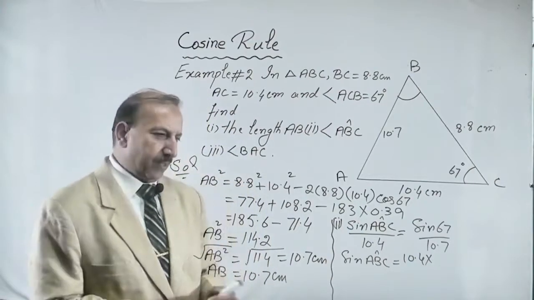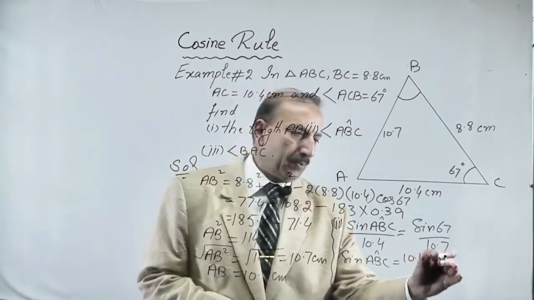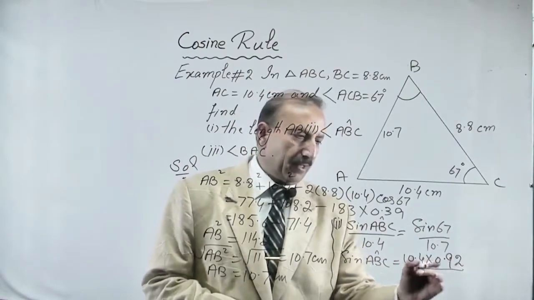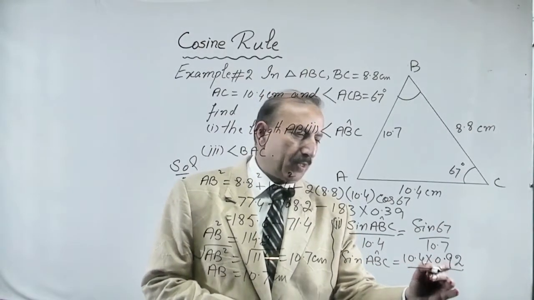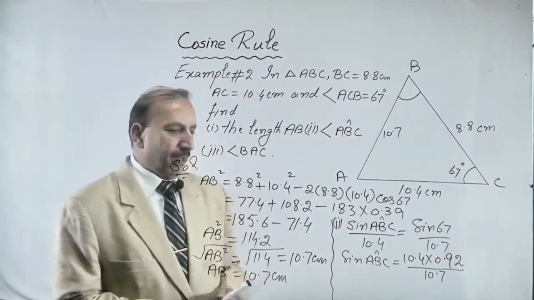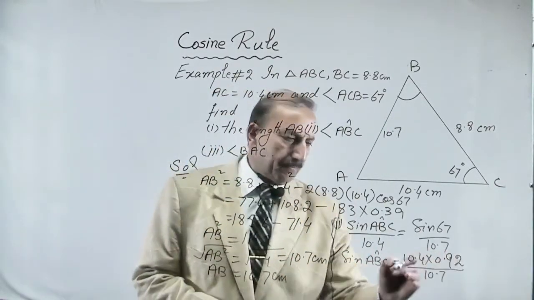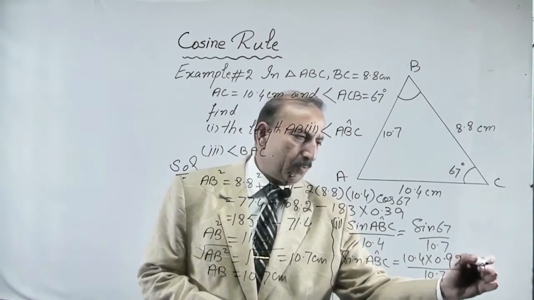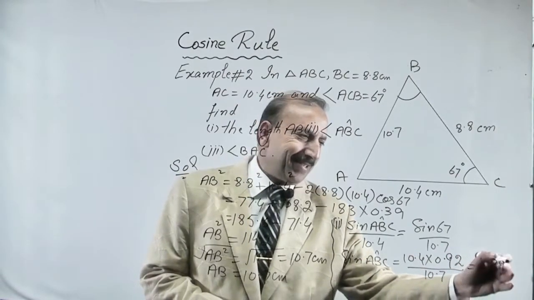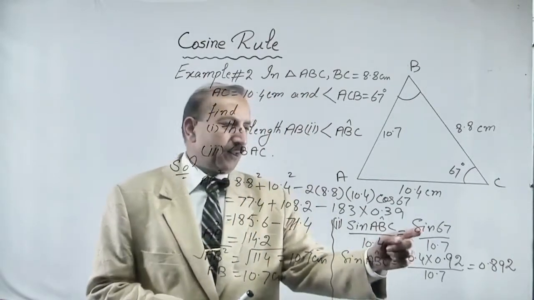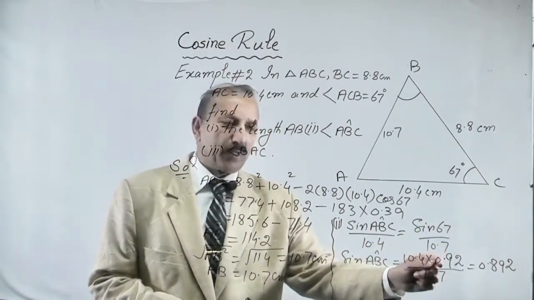Sine of 67 is 0.92, divided by 10.7. With the help of a calculator, I found the value of sine 67 was 0.92.